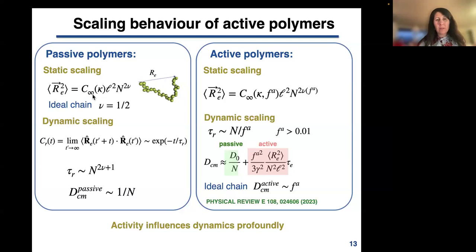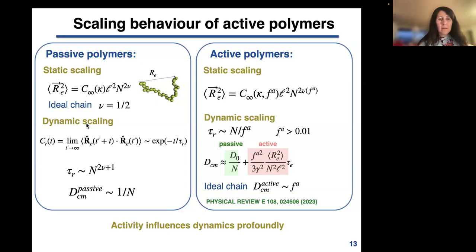There is a prefactor called Flory's constant at infinity, which is a function of the bending stiffness or persistence length. And this nu value depends on the dimension and on whether the polymer is self-avoiding or ideal. For ideal, you have the value of 1/2. And as right now I focus on the ideal chain, I just cite this value.